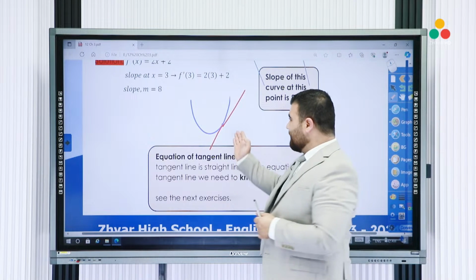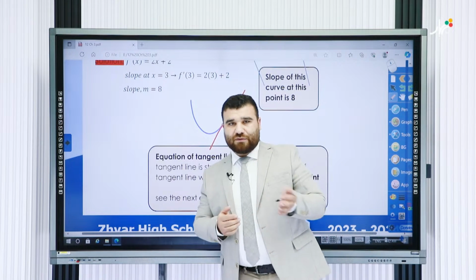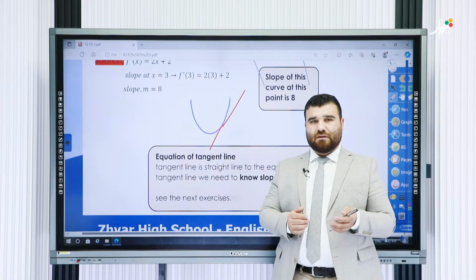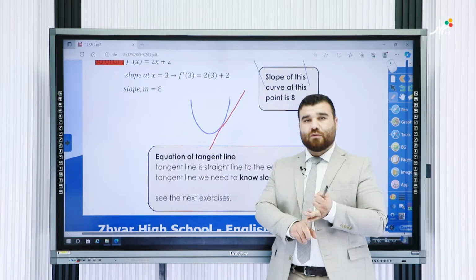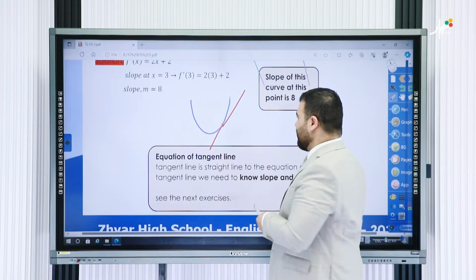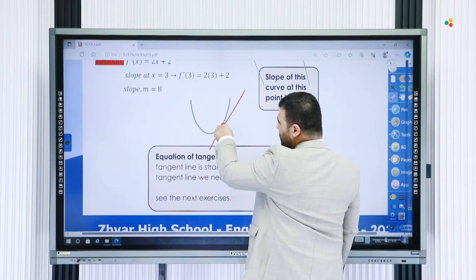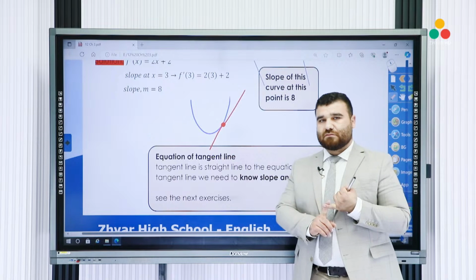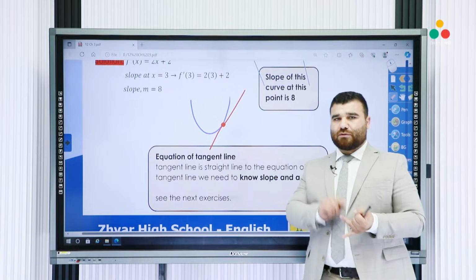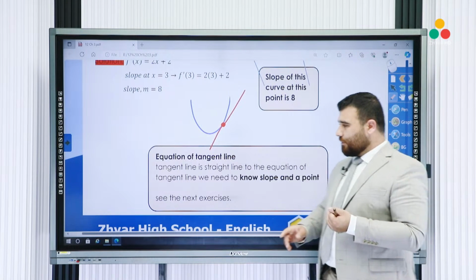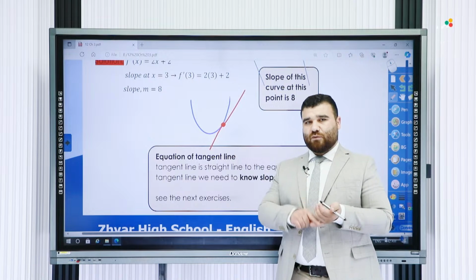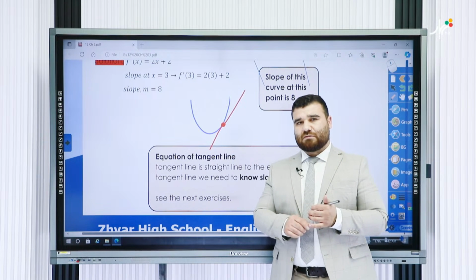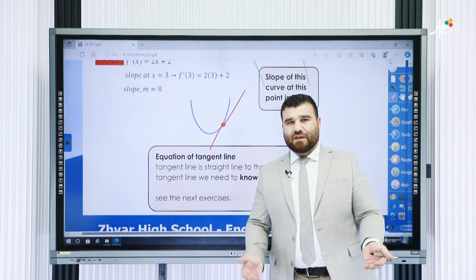To find the equation of a straight line, we need to know the slope and one point. For a tangent line, we can find this point, and we can find the slope. Then if we know slope and point, we can use the rule, the equation of a straight line: y minus y1 equals m times x minus x1. Then we can get the equation of tangent.